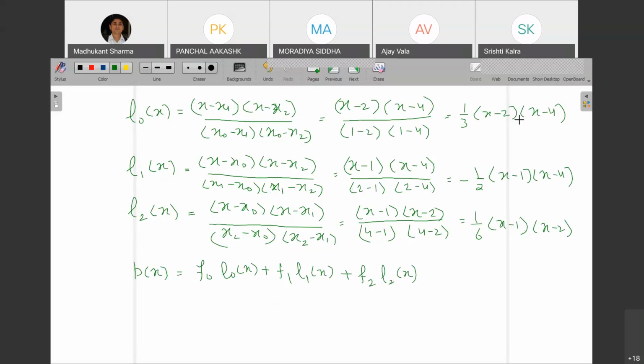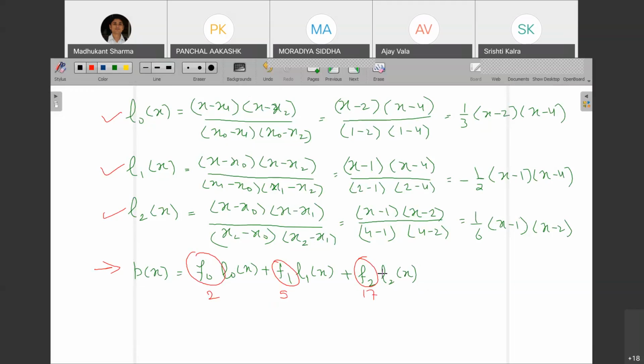So you substitute the values of L naught of x, L1 of x, L2 of x here and simplify it. The f naught value is 2, the f1 value from the table is 5, and the f2 value from the table is 17. So I'm going to give you the simplified form of it.